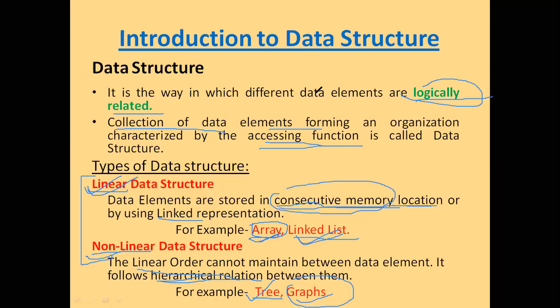A data structure is where the information or data elements are logically related, a collection of data and how you are accessing it. We have divided data structures into types based on how we are accessing data. So we are accessing or storing data in array form or linked list form, or in a non-linear data structure we are storing information in tree form.